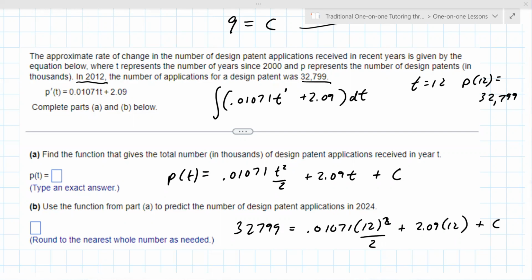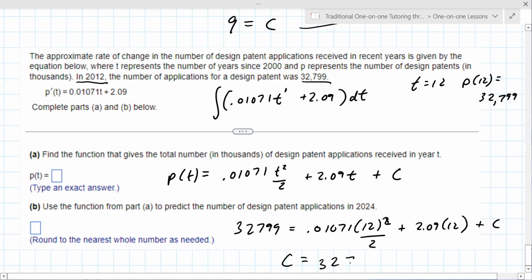32,799 minus 0.1071. Okay, so the value of C is 32,773.14888.